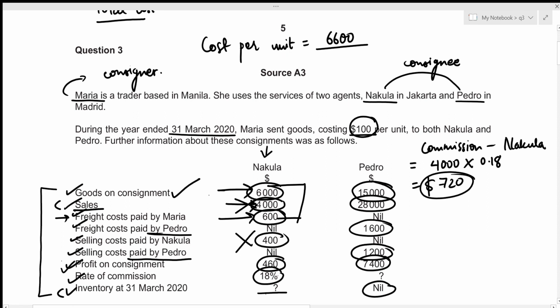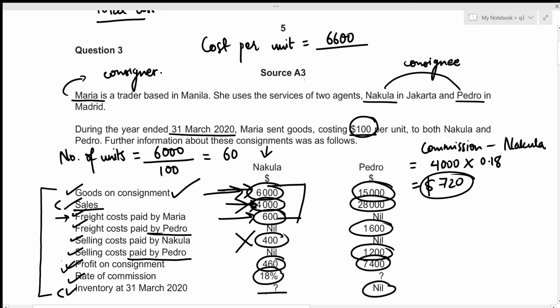And we know that the total for goods on consignment was 6,000. So number of units is just going to be the total value of the goods sent on consignment, which is 6,000, divided by the per unit cost, which is 100. So this gives our number of units to be 60.